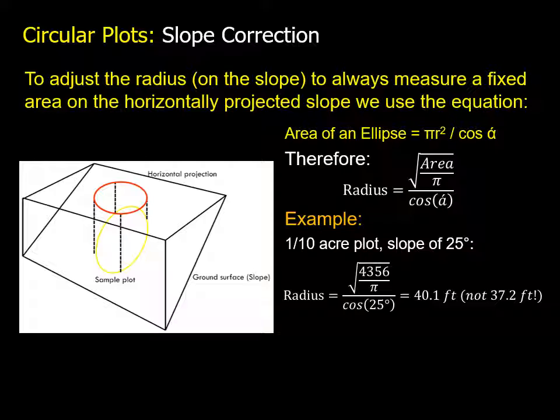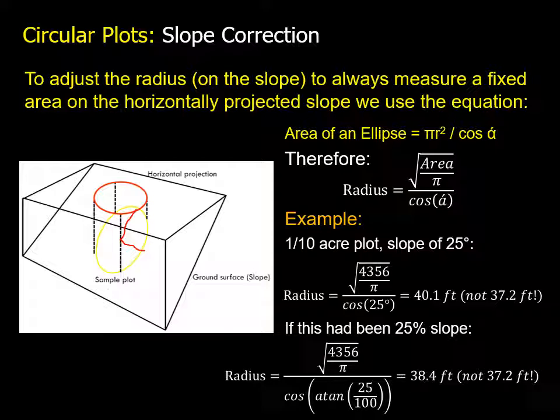So normally we know that our area equals pi r squared, but to get our new radius for what it should be going up and down the slope, we wind up taking the radius as the square root of area over pi divided by the cosine of the angle of the slope. So for a 1/10 acre plot on a 25-degree slope, we're saying that the plot area is 4,356 square feet divided by pi divided by the cosine of 45, giving us 40.1 feet, not the 37.2 feet that the radius would be going horizontally with the slope.